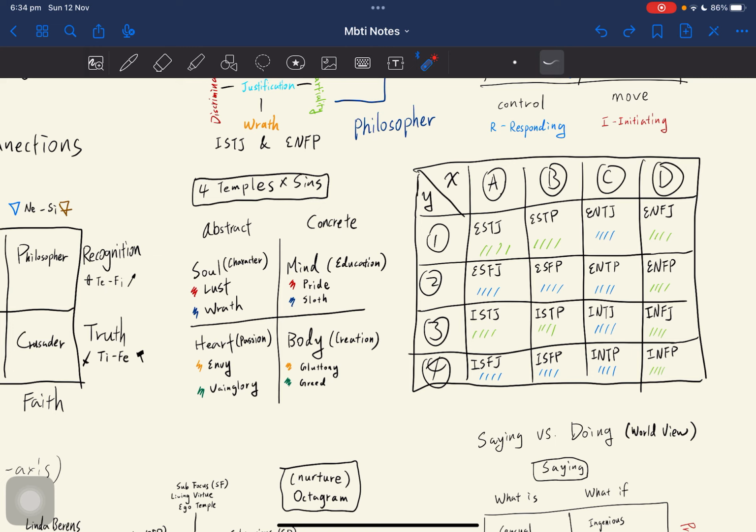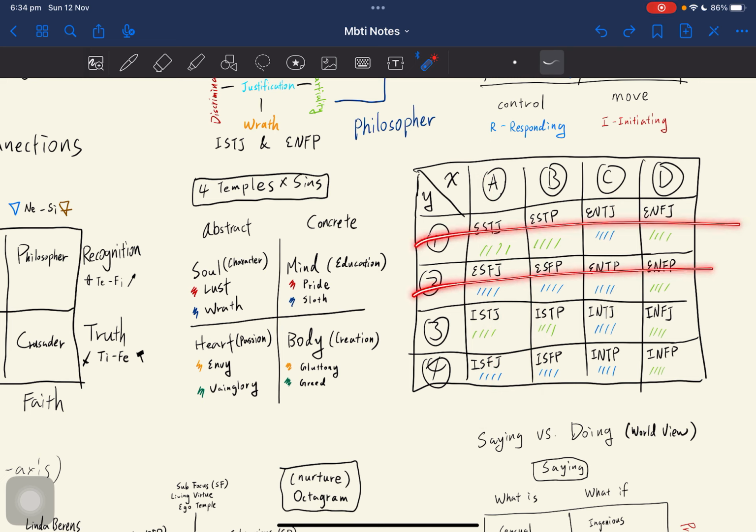So for A and B, you know number 2 and number 4, and for C and D, you know the middle 2, NT or NF. And so that's the vertical part.